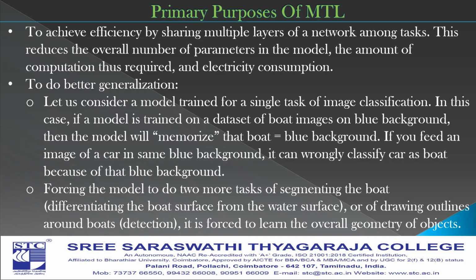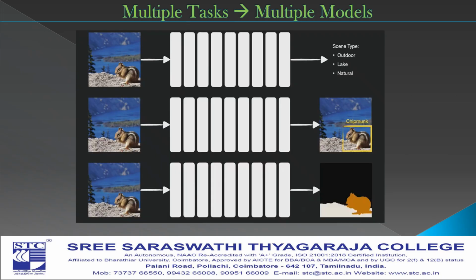Now if we do inferencing on this model, it will not memorize that blue means boat. It will try to correctly identify boat as boat and cat as cat. So this is an example of generalization. So MTL, in summary, is built for two purposes: one for achieving efficiency and second for doing better generalization.